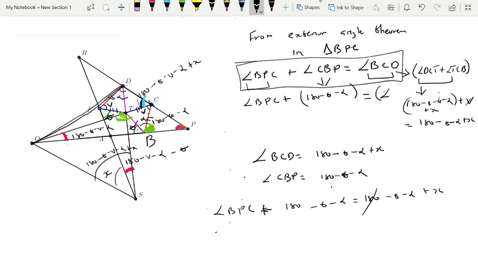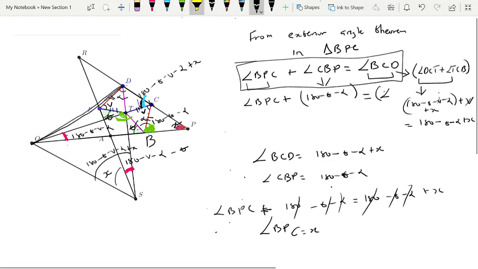So this cancels out, and we now have that angle BPC equals x. So this angle here is x.